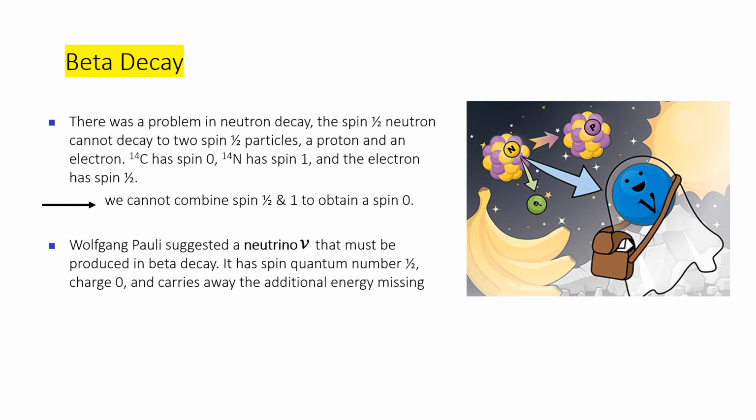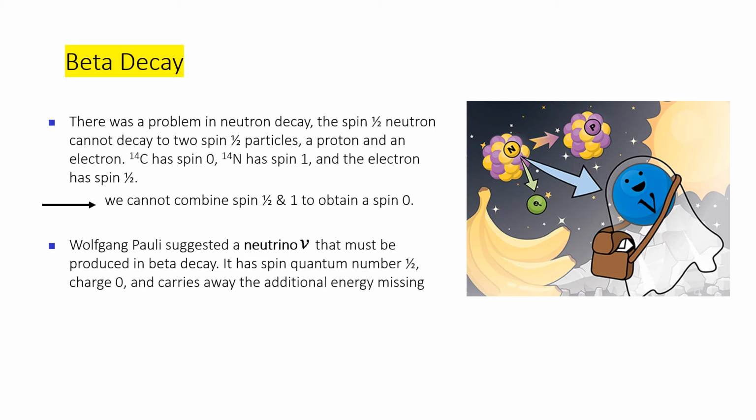There was also a problem with your conservation of spin. In the neutron decay shown earlier, the spin 1/2 neutron cannot decay to spin 1/2 particles, a proton and an electron.